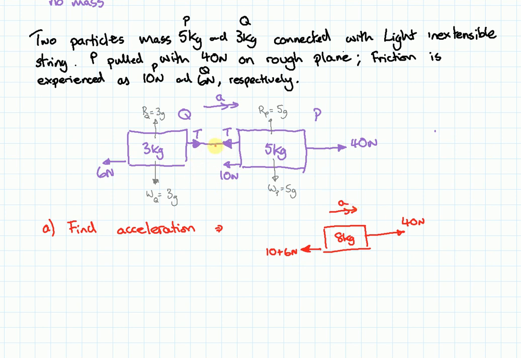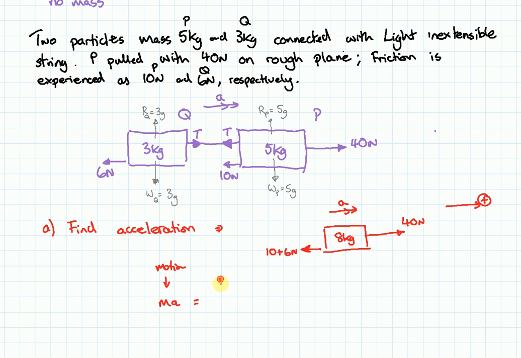Because of this light inextensible string, the two particles are effectively glued together as one. So we're going to put in our equation of motion. And that's ma is equal to the forces. So let's choose this as a positive direction. And the acceleration direction is positive.